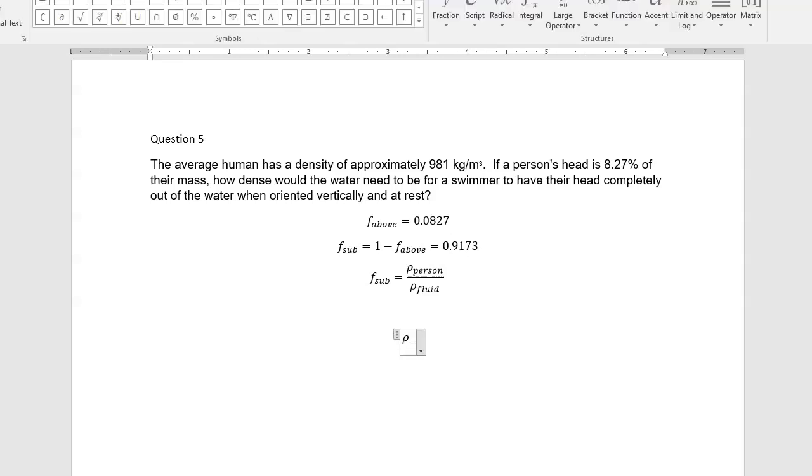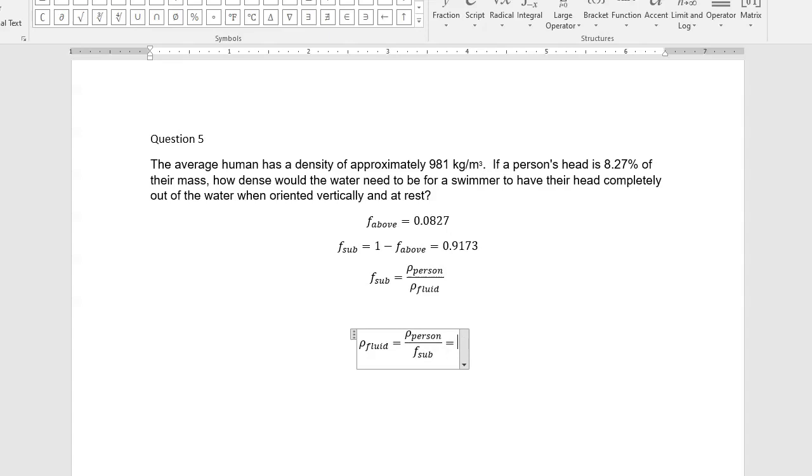So the density of the fluid, solving for the density of the fluid, that's what we're after, is going to be the density of the person divided by the fraction submerged.